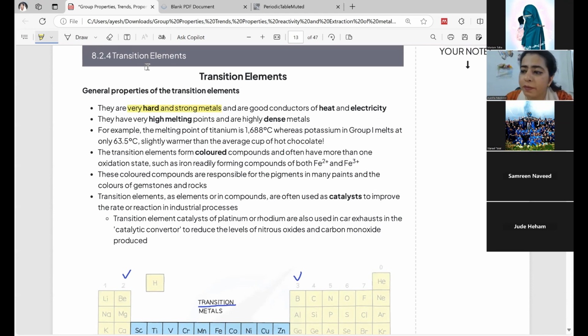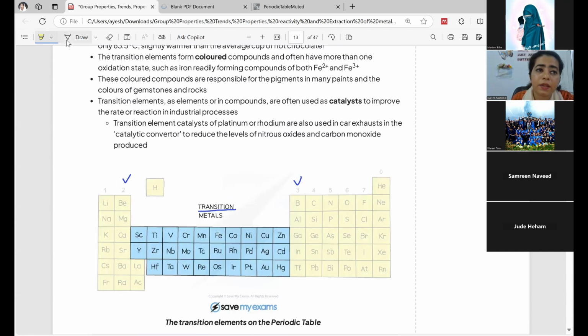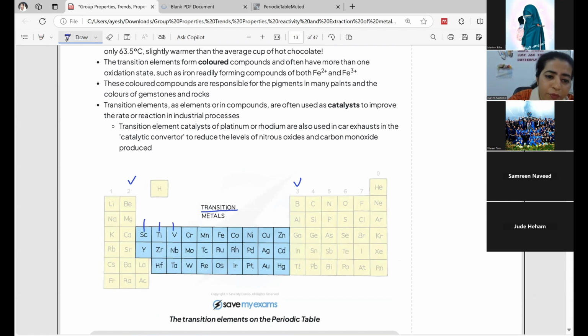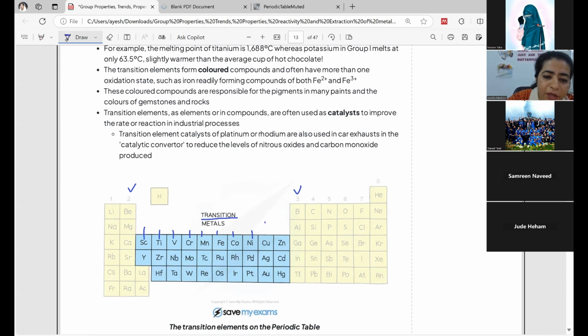Yes, Mariam, any question? Yes, Miss, but they are more than 10. You said they are 10, a block of 10. They are more than 10. 1, 2, 3, 4, 5, 6, 7, 8, 9, 10. Just the blue ones.